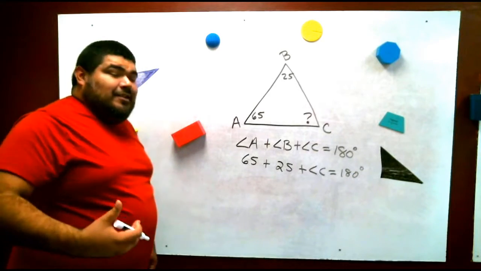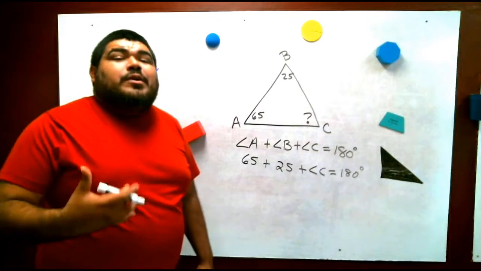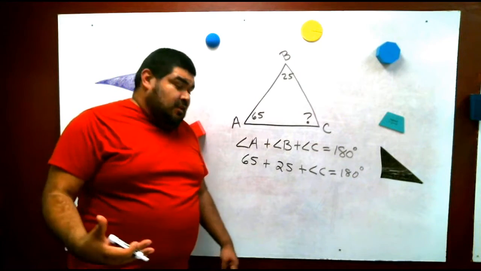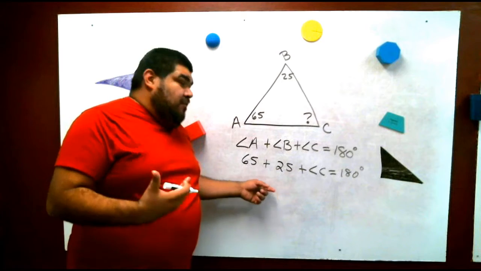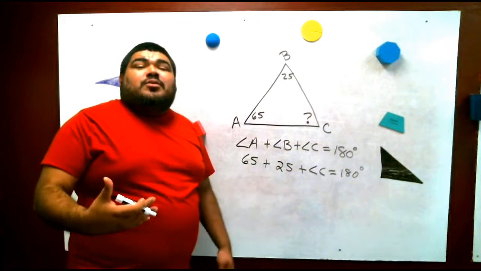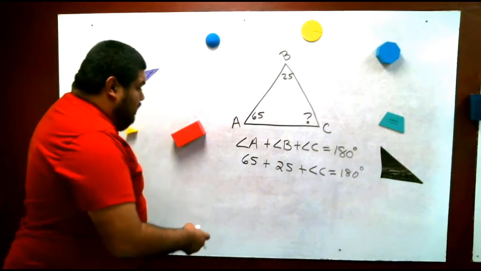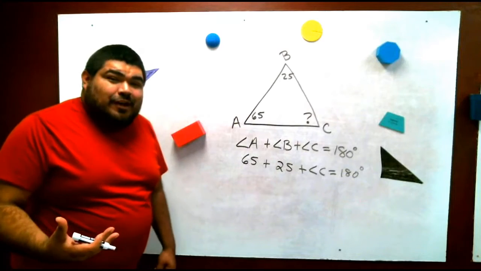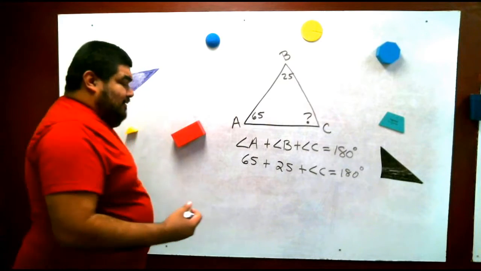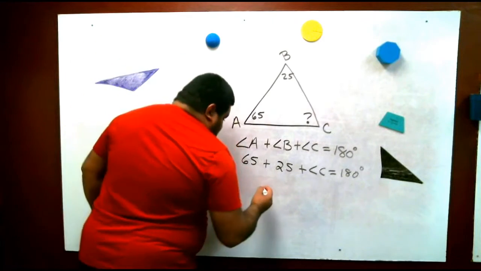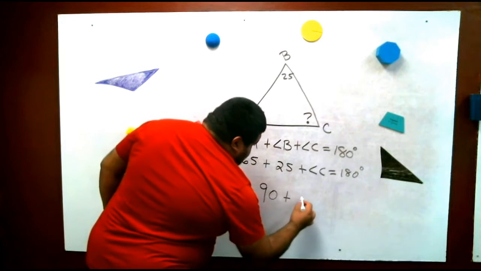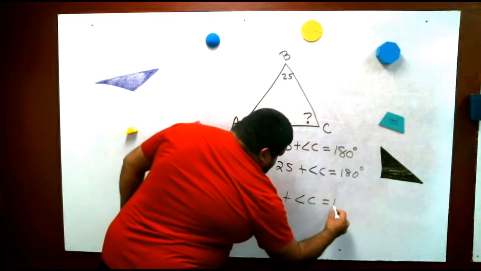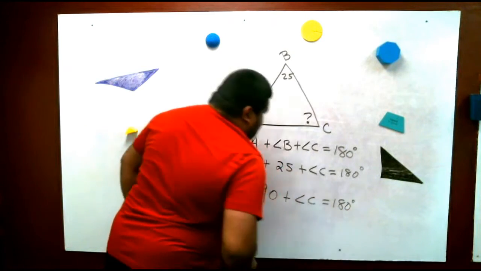So if we're solving for angle C, we have to combine our like terms first. Notice that we have 65 and 25. Before we move anything, we can combine them here and now. 65 plus 25 is 90, right? Plus angle C equals 180 degrees.